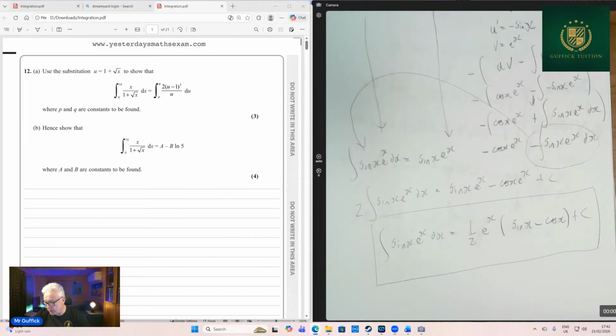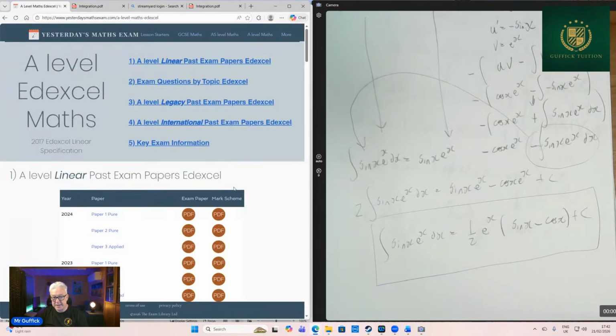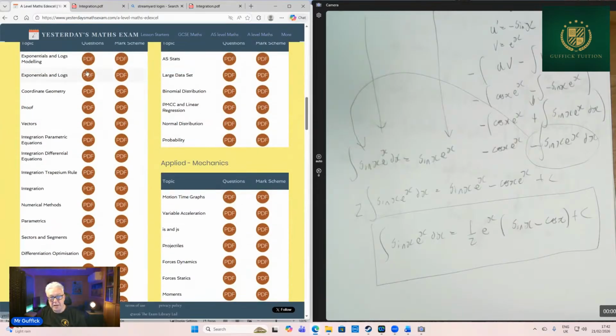I'll just show it to you, so you can see what I'm talking about. I think it's a super useful resource for your revision. It's called Yesterday's Maths Exam. There it is. And you go to, for example, A-level. The reason I like it is if you go to A-level, click Edexcel and scroll down, then the person who's made this site has really nicely separated this into all of the topics, grouped by question.